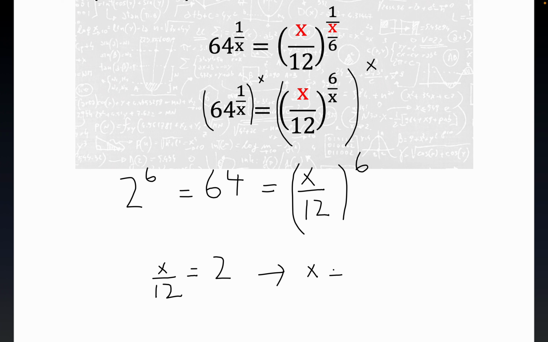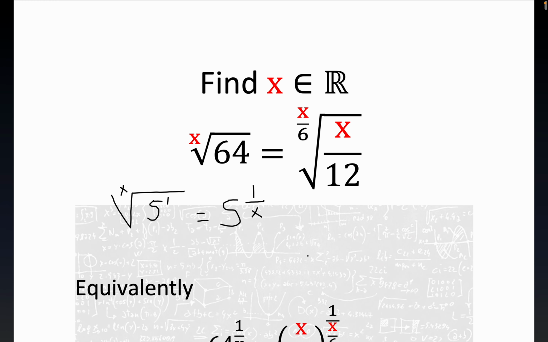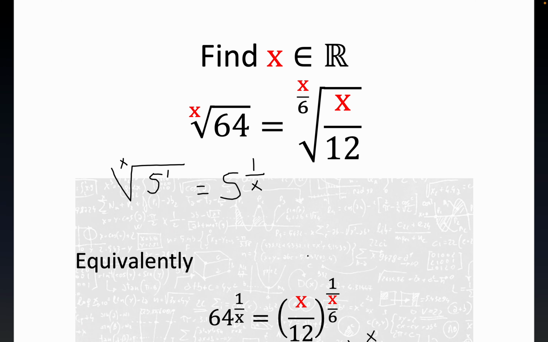Now, we haven't done anything wrong, but it's probably important to go back and check the original problem. So we're getting x equals 24 as our posited solution. Now notice right here, a way to see that this is true is that, I'll just write it right over here, 2 to the 6th can be rewritten, right?